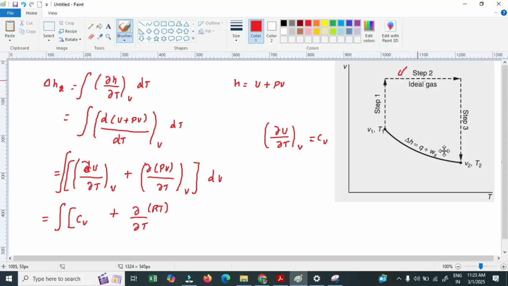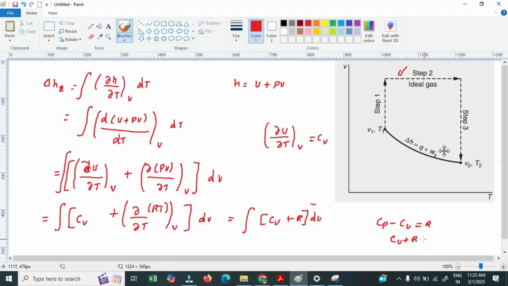At constant volume, if we differentiate T, we get 1. So I have Cv plus R, and again from the basic fundamental property relationship, Cp minus Cv equals R. Therefore Cv plus R equals Cp.